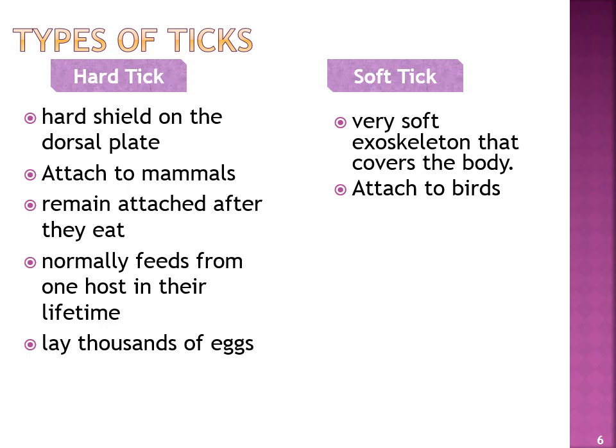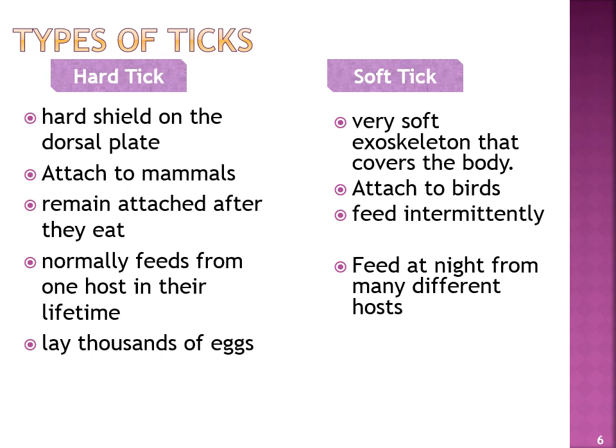The hard ticks usually attach to mammals, while the soft ticks usually attach to birds. Intermittent feeding is characteristic of the soft ticks, which usually results in multiple hosts. However, hard ticks usually attach to one host and remain attached after they eat.